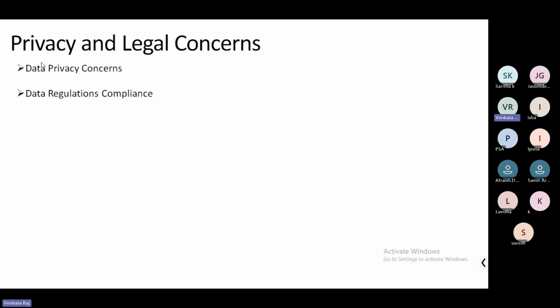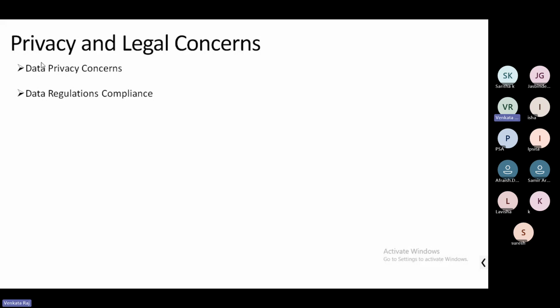You need to comply with all the existing data regulations whenever you are using AI. Data regulations means there are rules defined on how personal data can be used, guys, by any company or by any organization.